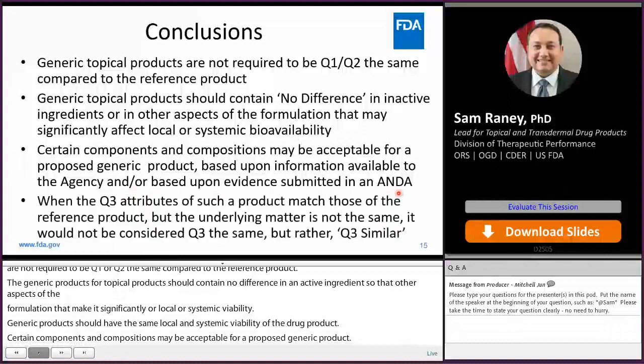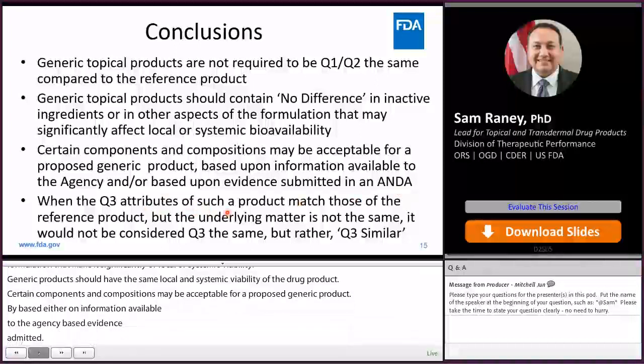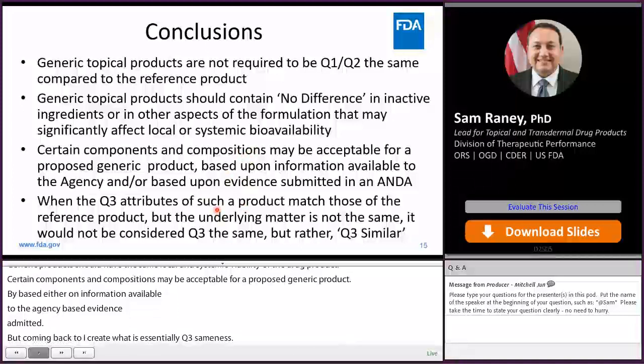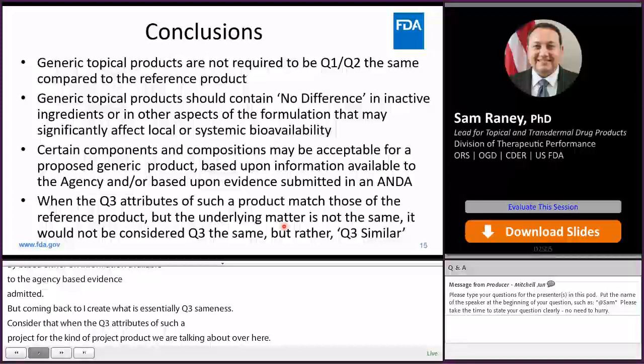And just to come back to why create a concept of Q3 similar if it is so close to what is essentially Q3 sameness? Well, consider that when the Q3 attributes of such a product, the kind of product that we're talking about over here, that meets the no difference standard, match those of the reference product, but the underlying matter is technically not exactly the same, then one might not say that you've got the same arrangement of matter because the underlying matter may be slightly different.